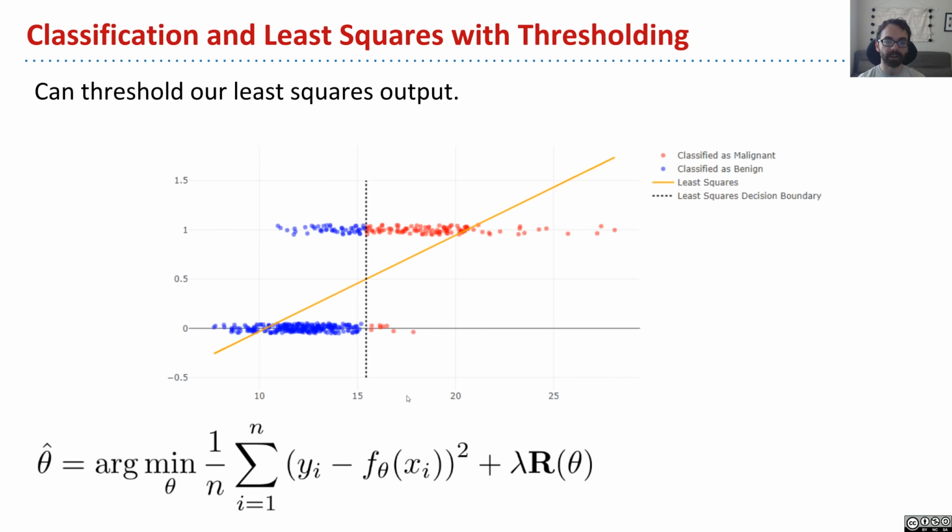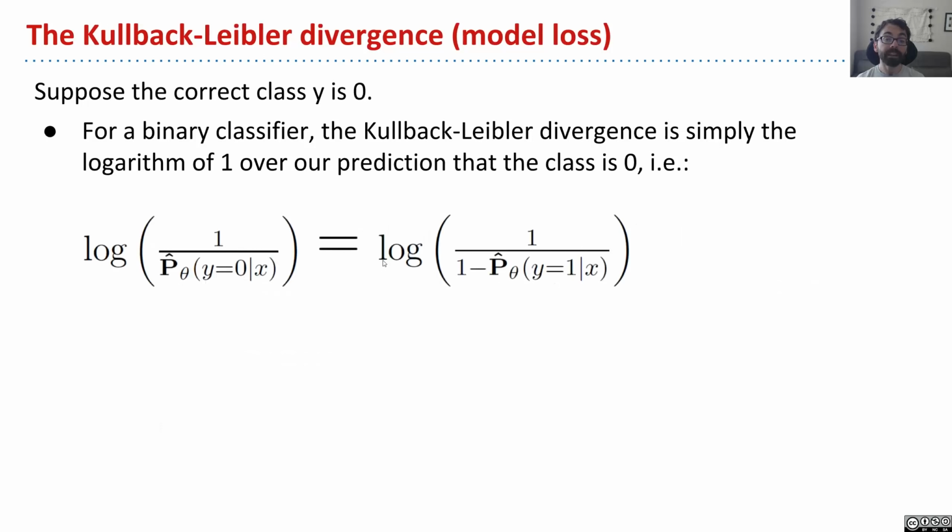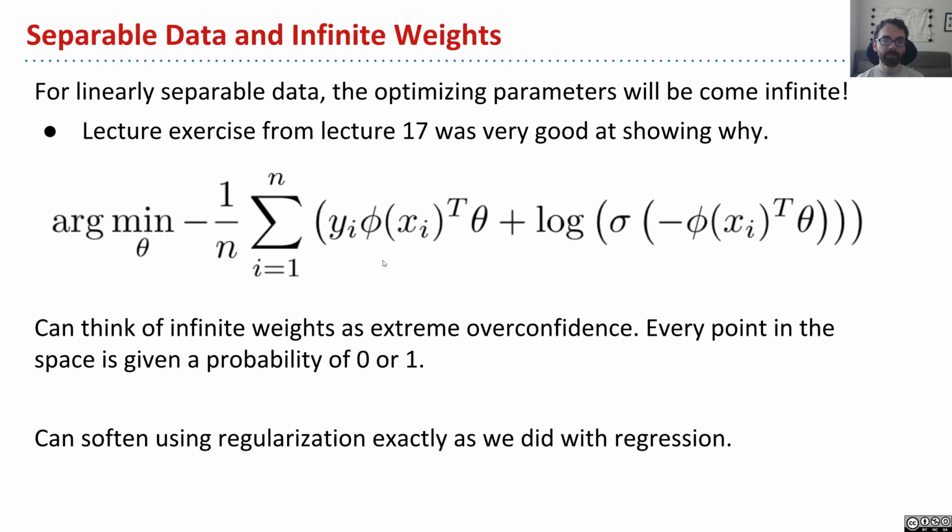Here there is no line that does a perfect job, but if you have data where there is, you have an issue that the optimizing parameters, that is the thetas, become infinite. Another way of putting it is that your model now has extreme overconfidence. It's going to say for every point in the space, it has probability either 0 or 1. And that is not great, to have a model that's just that confident. You want ideally a model that's a little more realistic.